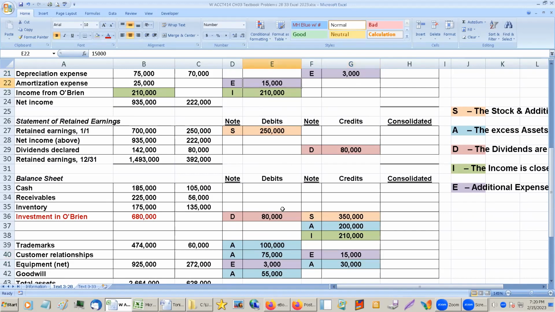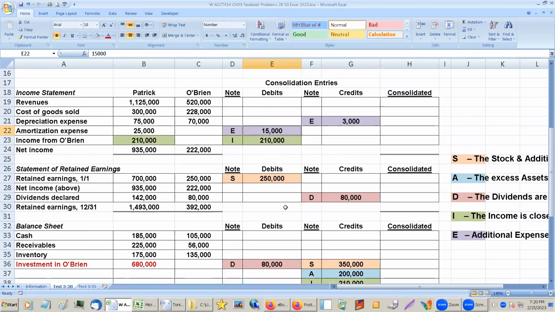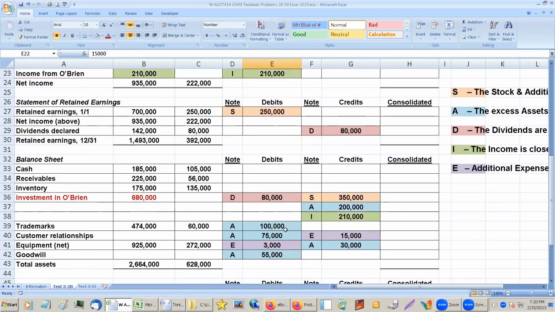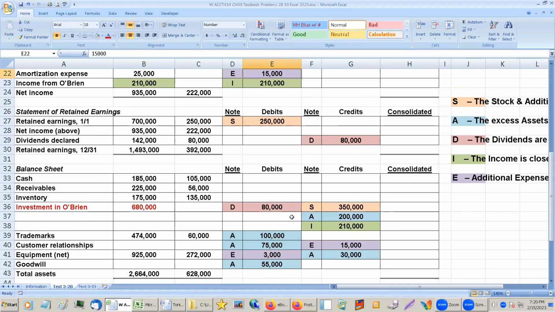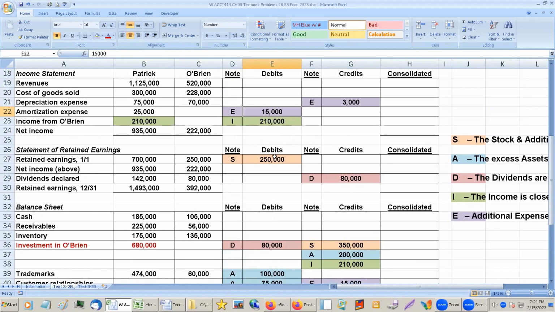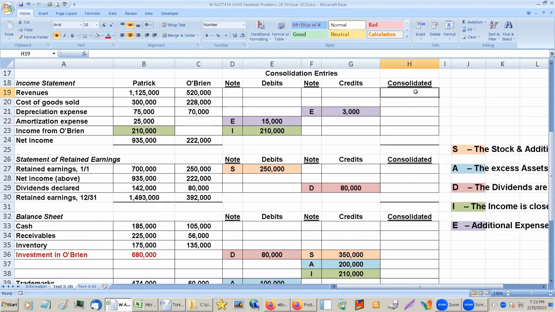Yeah, that's it. All right, well, let's start consolidating these.